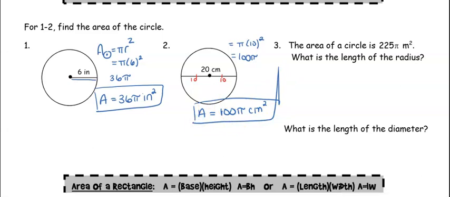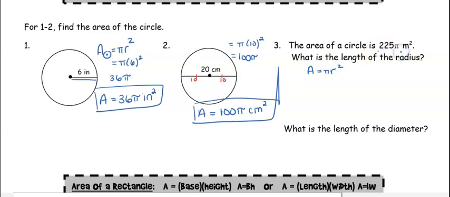All right, now we are going to switch to some word problems. The area of the circle is 225 pi meters squared. What is the length of the radius? Again, this is another question that we saw in our circles unit on our test. We know that we find the area by doing pi r squared.